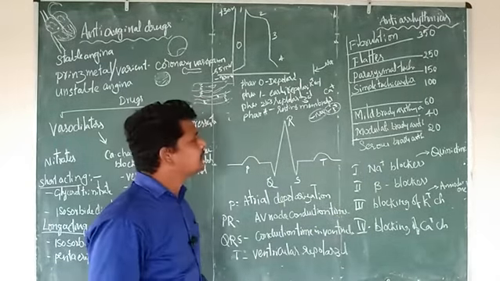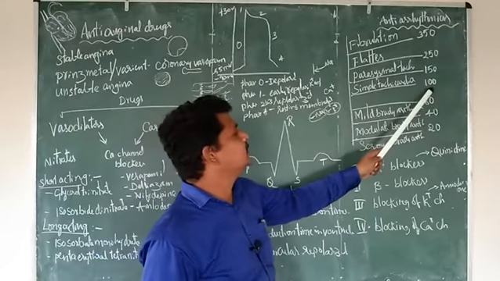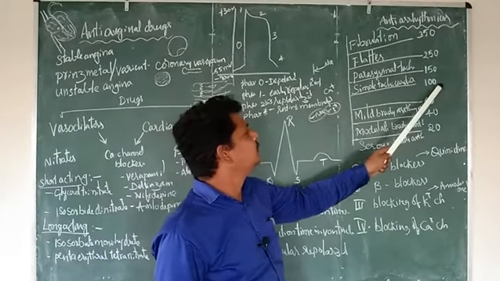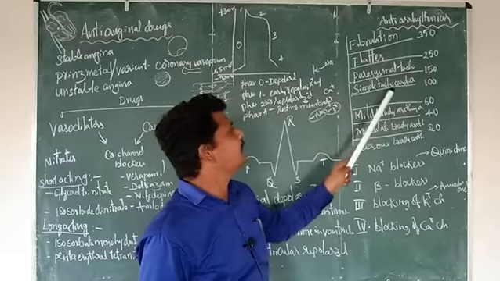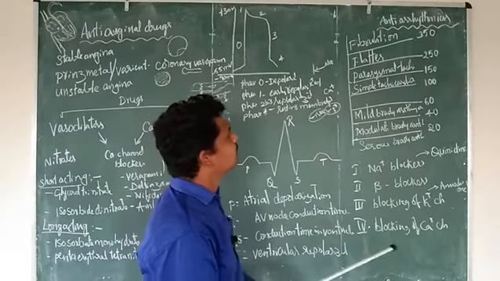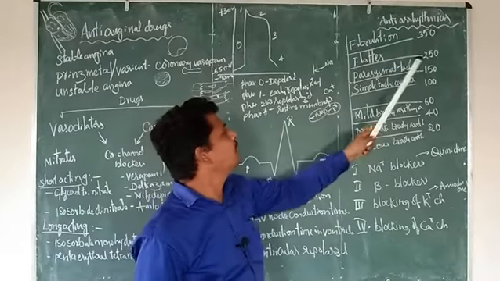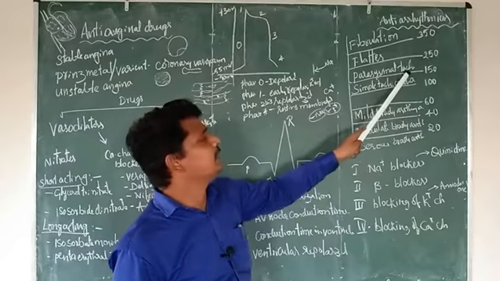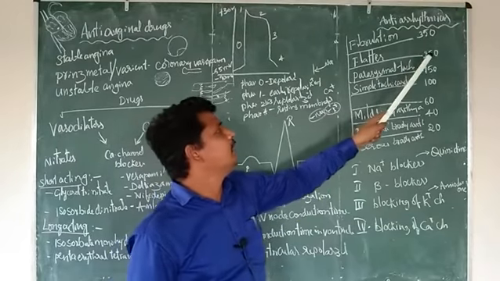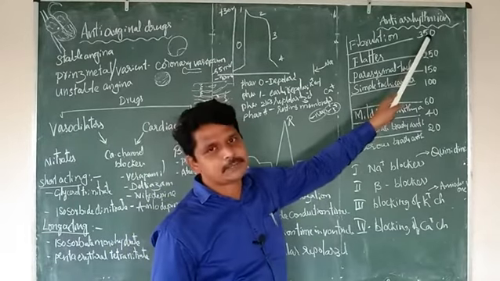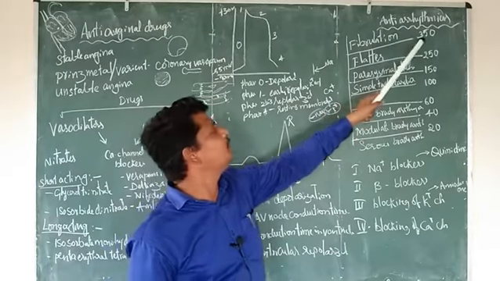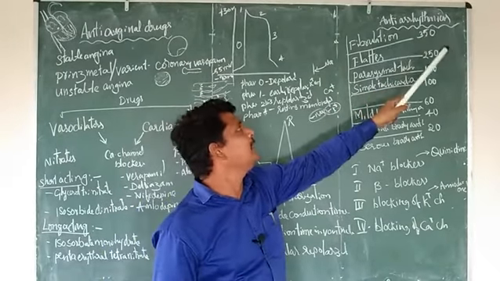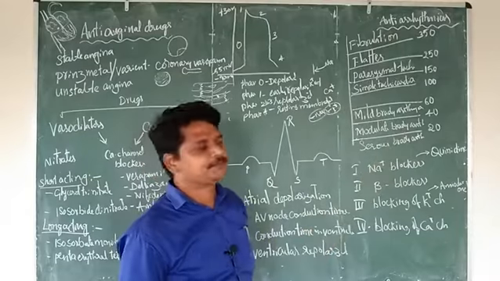If your heart rate increases to more than 100, up to 150, it is called simple tachycardia. If the heart rate increases to 150 to 250, it is called paroxysmal tachycardia. If it is between 250 and 350 beats per minute, it is called flutter. If it is above 350 beats per minute, it is called fibrillation.